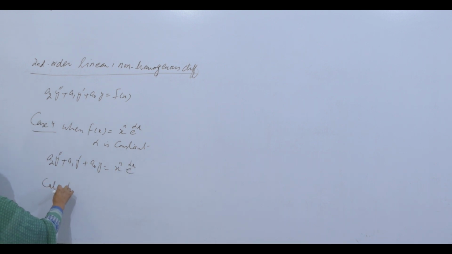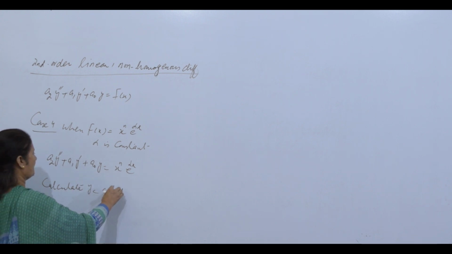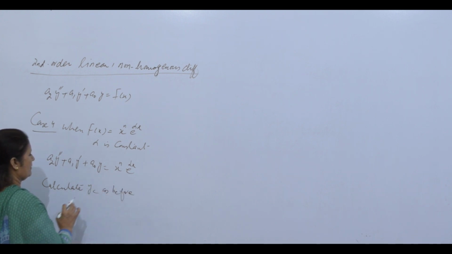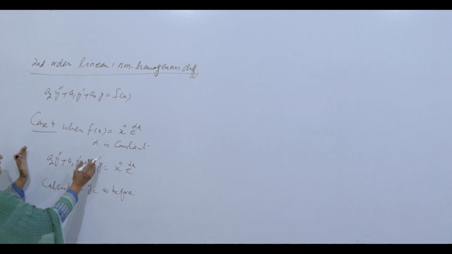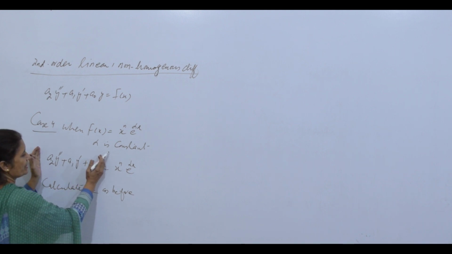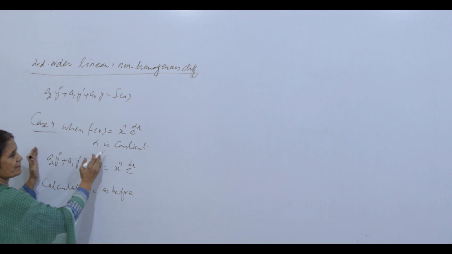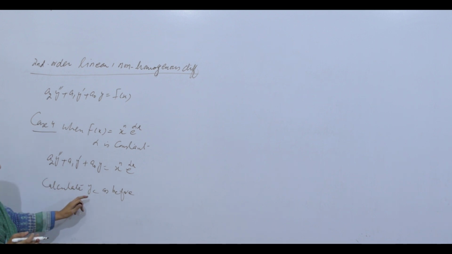Calculate yc as before. Each time I am writing calculate yc as before, I mean you have the left hand side equal to 0, then the D operator, then the auxiliary equation, finding the roots, and writing down the solution yc.